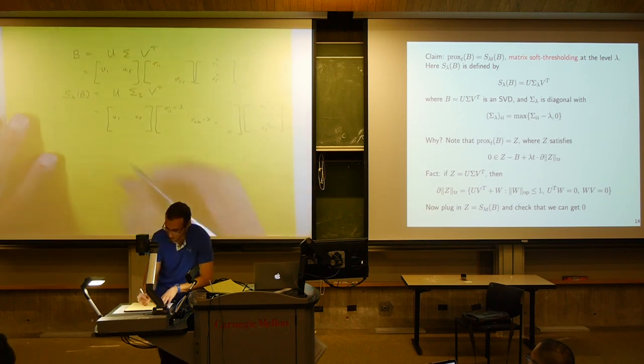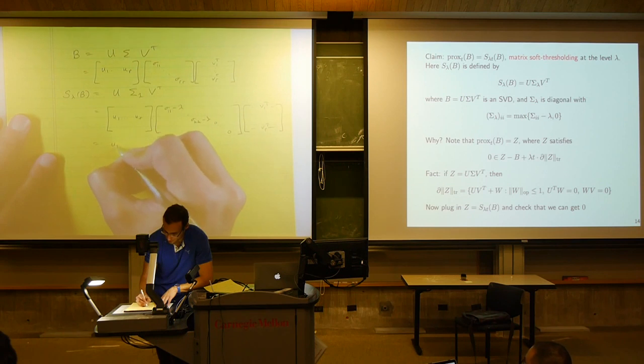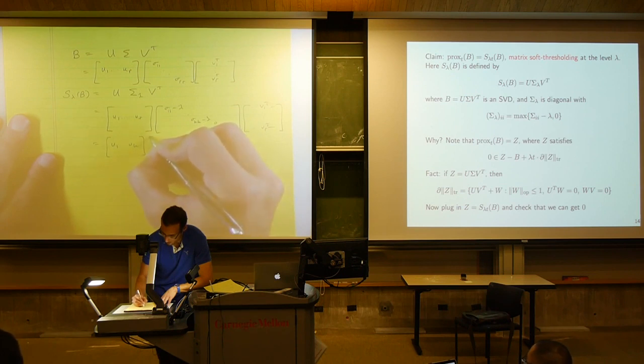Then effectively this is taking the first k left and right singular vectors. So it gives us a matrix of rank k rather than rank r, since we've set r minus k singular values to 0.